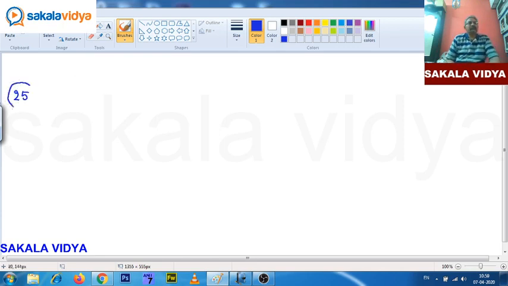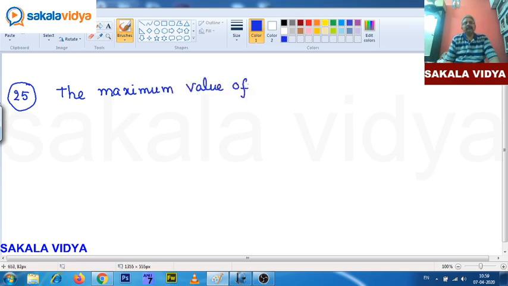25th. The maximum value of 3 upon 5 sin x minus 12 cos x plus 19 is, this is the question.